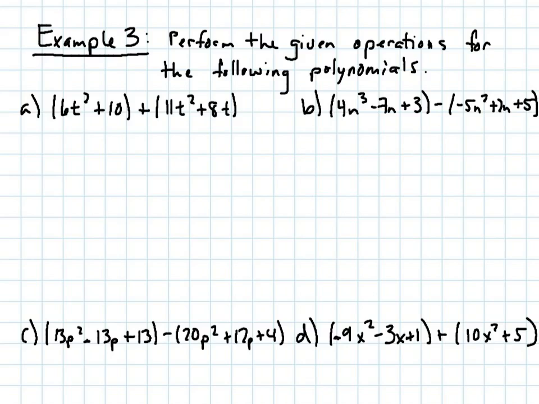So vertical method says to align vertically. Okay, so 6t squared is going to go above 11t squared, right? Now 10 and 8t are not like terms, so they do not go above each other in this sense.